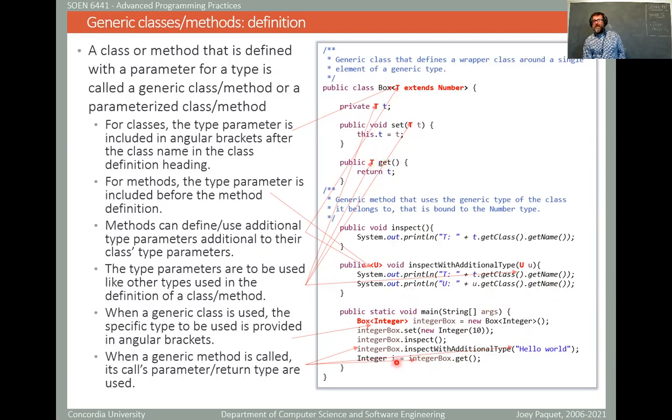So that allows you to put the result of the get function into a variable of type Integer. Because of this mechanism, the compiler and the runtime system can make type checks and verify that your program is type correct at compile time, as well as at runtime.